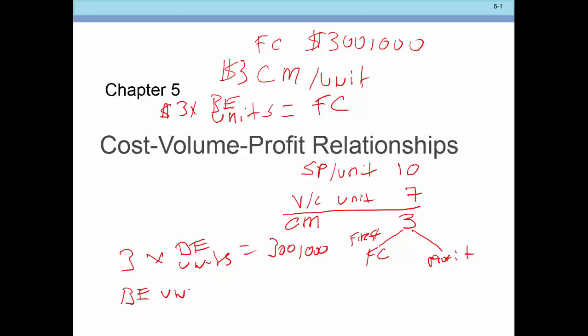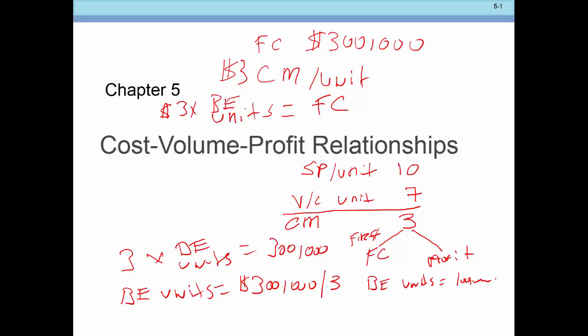Break-even units, therefore, equals 300,000 divided by the 3. So that means that my break-even units is 100,000. So if I sell 100,000 units, then I can go ahead and break even.